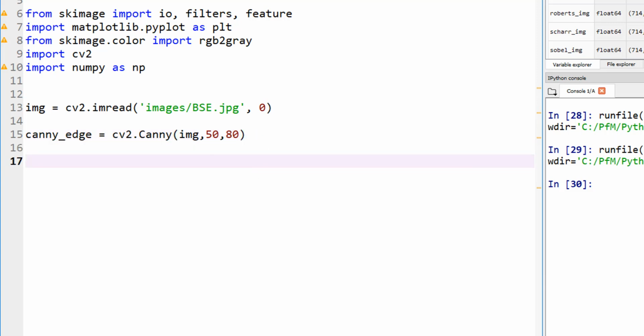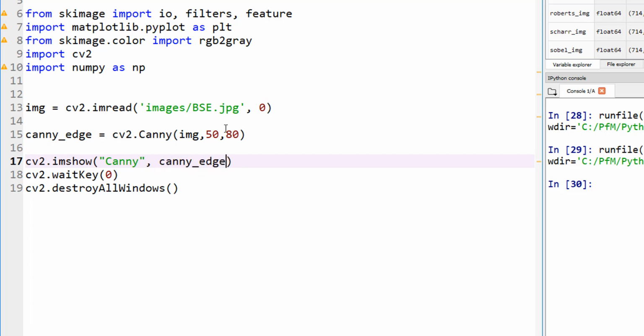Oh, I shouldn't have deleted the cv2.imshow. Let me copy these two lines that are required to show the image and add our cv2.imshow, and this would be Canny Edge.